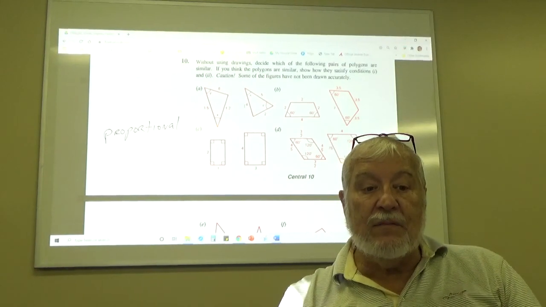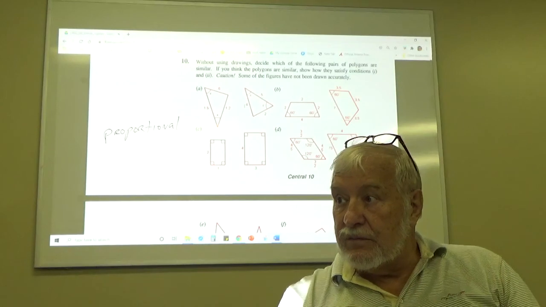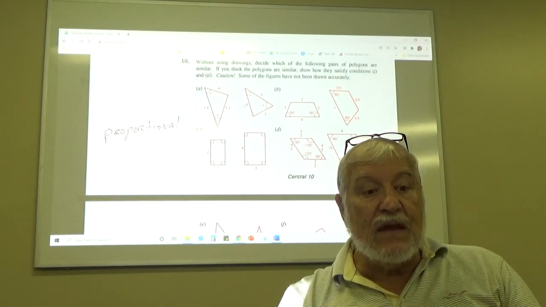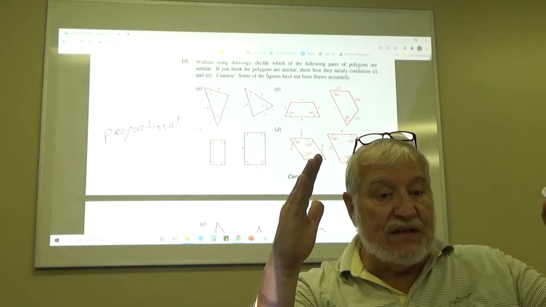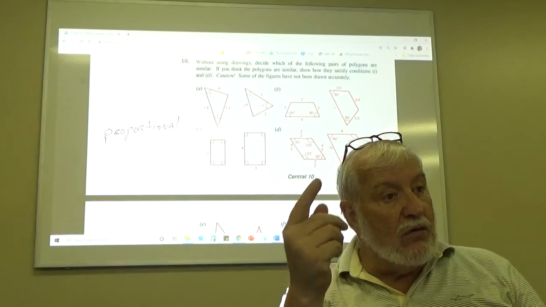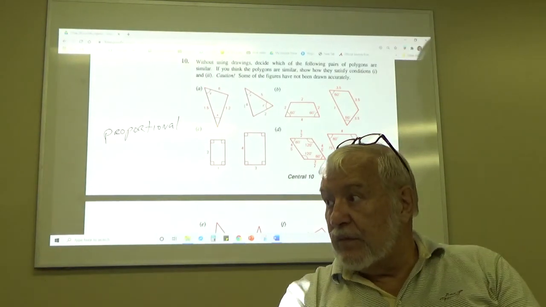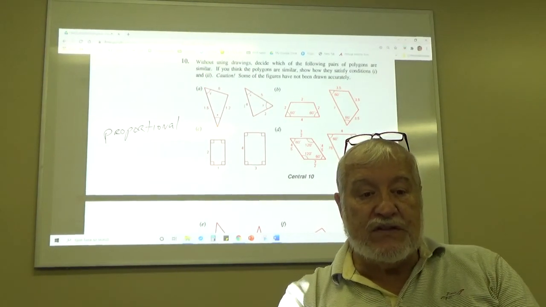Except that 4 is the length in between the two 60s, right? So it's 4 over 7. So 4 over 7 is the ratio that we're looking at.